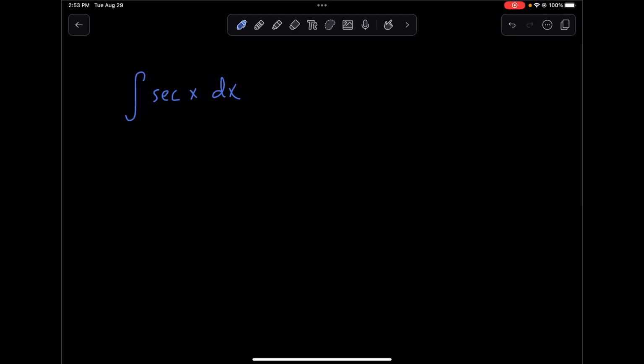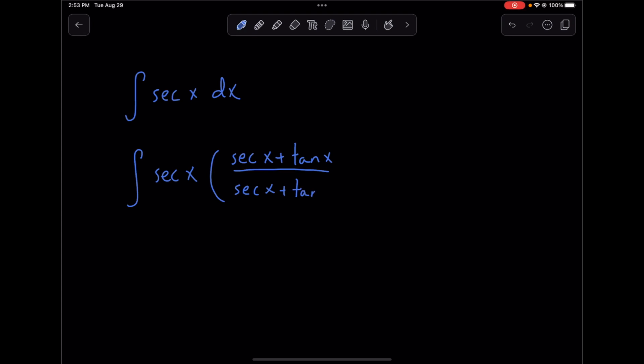Alright, so here's the first way I'm going to solve the integral of secant x dx. This is actually also equal to the integral of secant x times (secant x plus tangent x) over (secant x plus tangent x) dx.